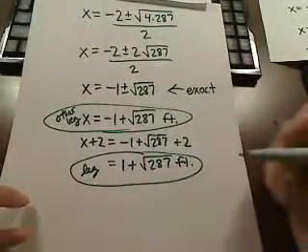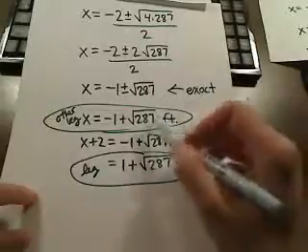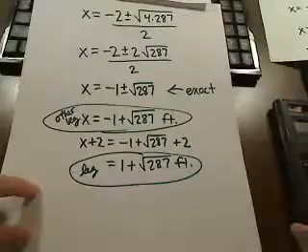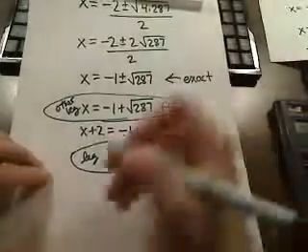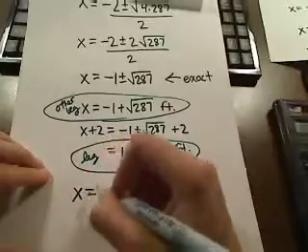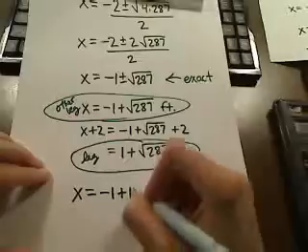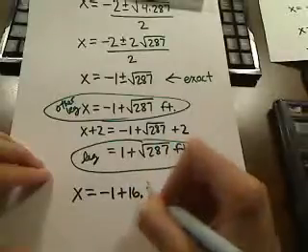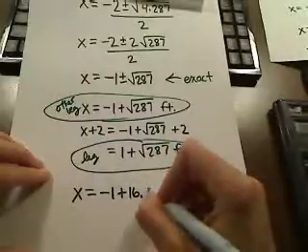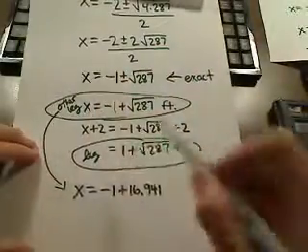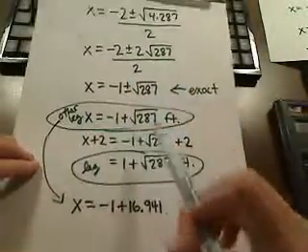Now, if we want to approximate, then we're just going to do this on our calculator. So the 287, I'm going to take the square root of it, and I think they're asking for 3 decimal places. So if I take this to 3 decimal places, it's 16.941. So right now I'm approximating this one right here.